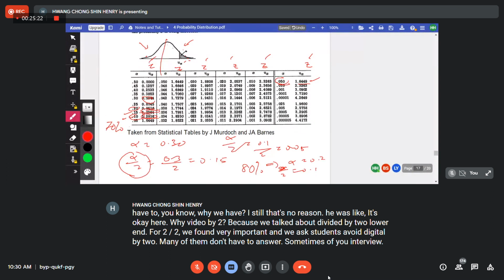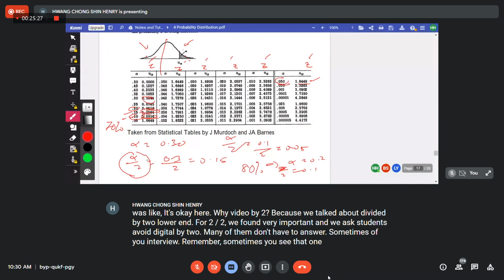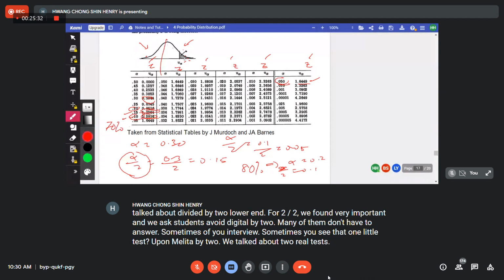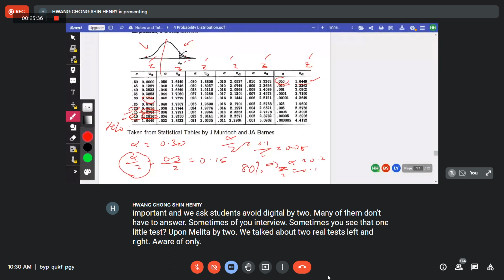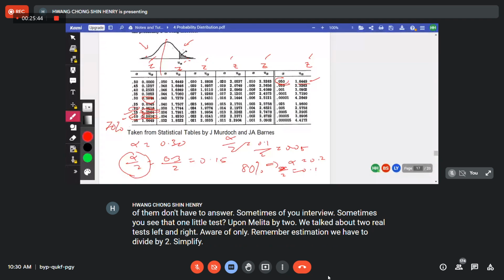Later when we go to the hypothesis chapter, remember, sometimes in a one tail test alpha needs no dividing by 2. Here we talk about two tail tests, left and right, lower and upper boundary. Remember, for estimation we have to divide by 2. Simple as that. Okay? Clear? So I hope everyone knows how to find the Z score from this table.